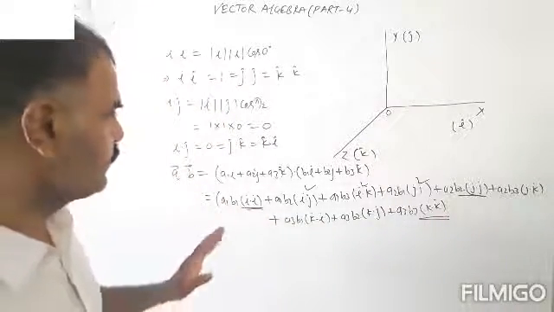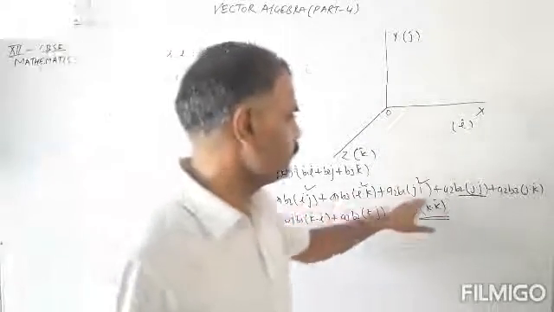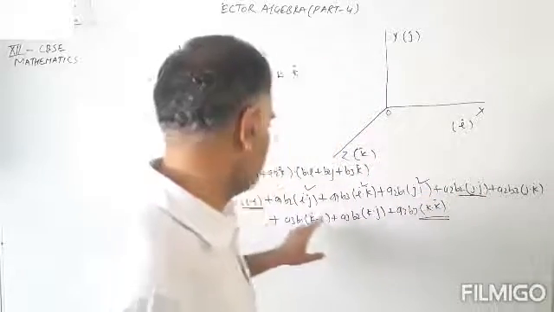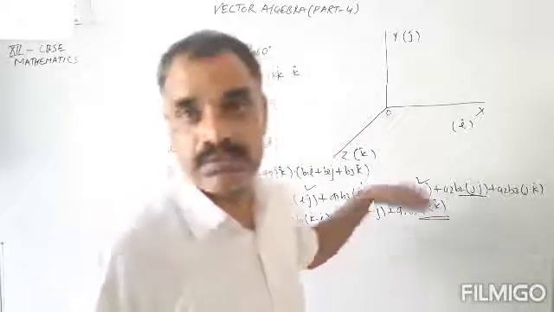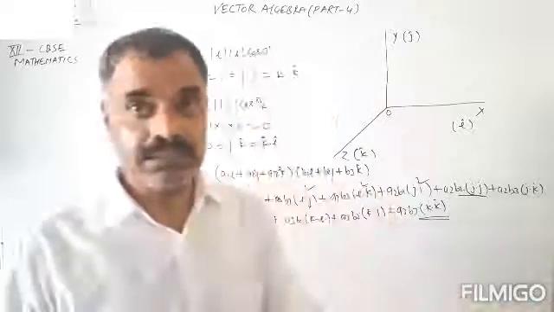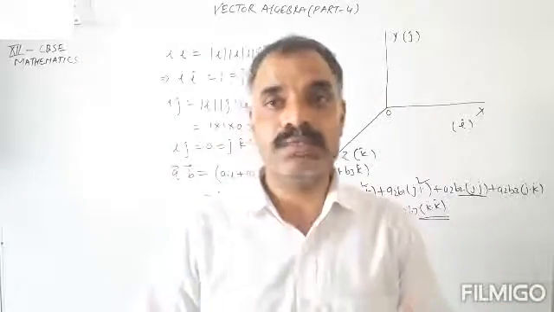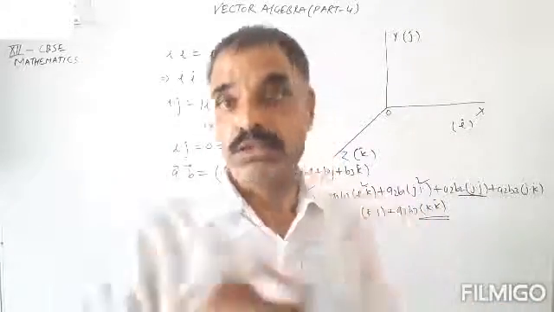So 6 terms are 0, and only 3 terms remain non-zero.